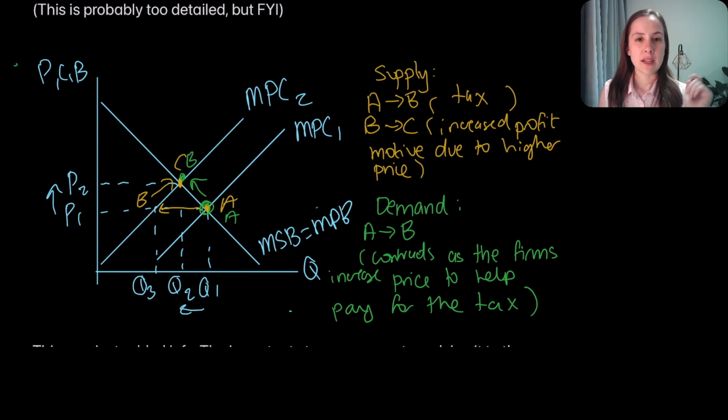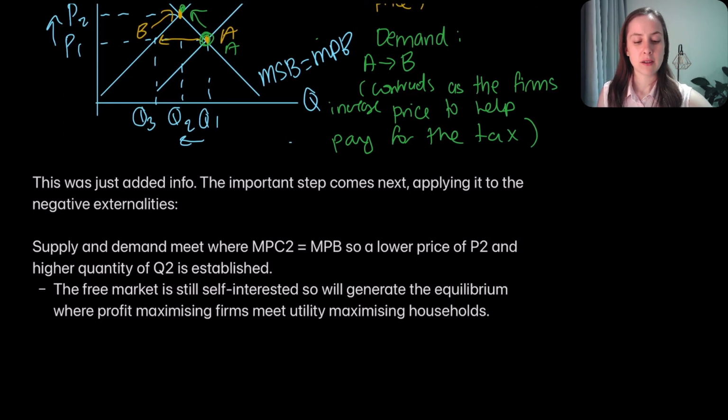So we're going to see an increase in the price from P1 to P2, a decrease in the quantity from Q1 to Q2, and in all this process there's been a shortage of supply, shown by the yellow, and at the same time there's been a contraction in demand, shown by the green.